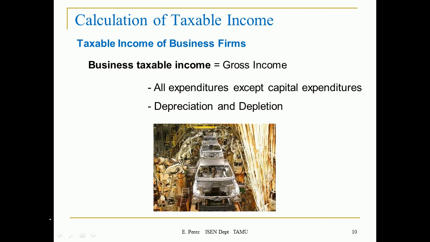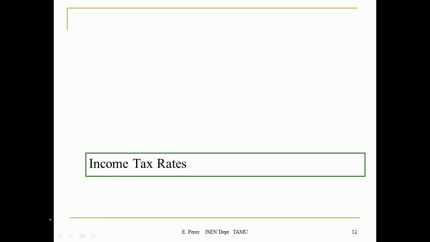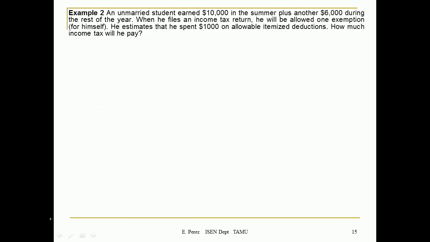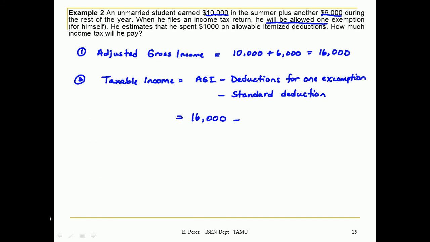So this is going to be $16,000 minus $3,650 minus the standard deduction, and that taxable income will be $6,650.